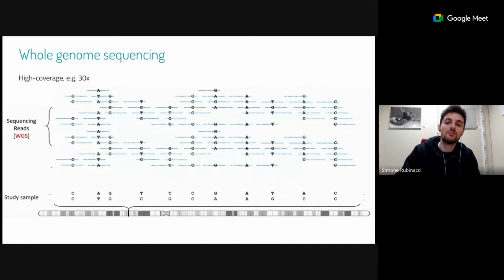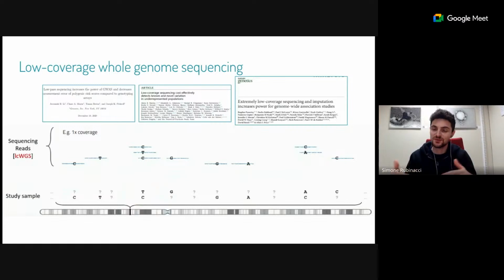However, a more cost-effective technology that has been proposed in the context of GWAS is to decrease the coverage of this short-read sequencing data, proposing low coverage whole genome sequencing as an alternative. For example, using 1x data, where we only have one read on average at each position of the genome.